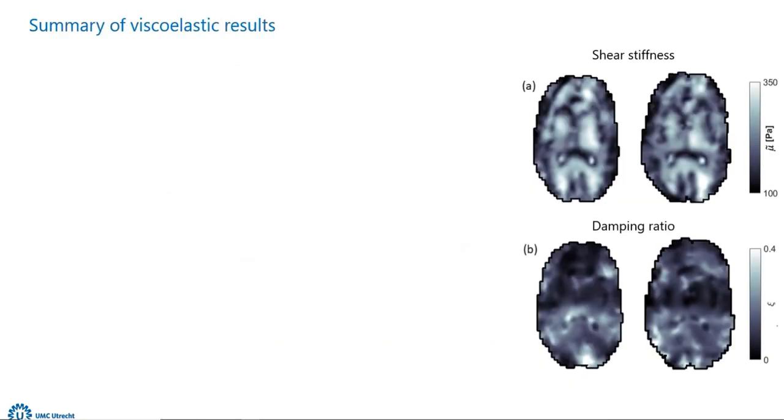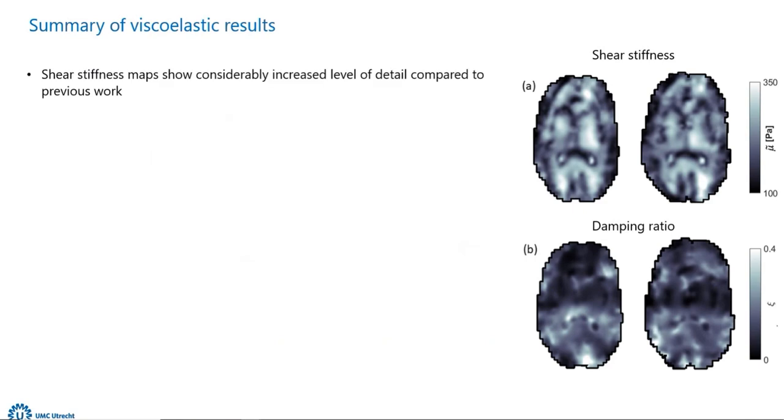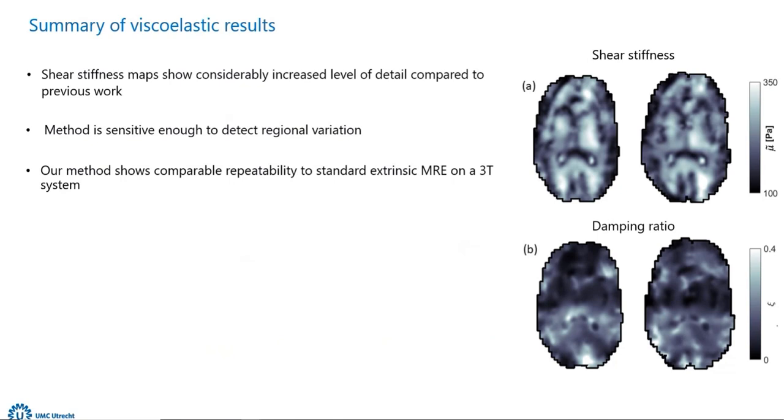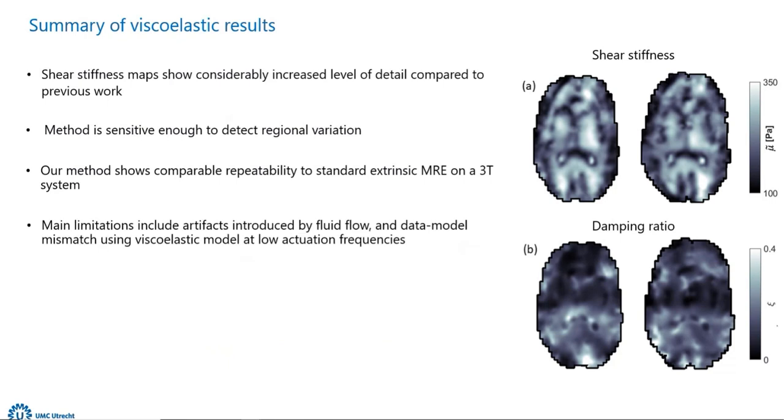So to summarize these viscoelastic results, the shear stiffness map shows considerably increased level of detail compared to previous work. Our method is sensitive enough to detect regional variation. We see comparable repeatability to standard extrinsic MRE on a 3 Tesla system.